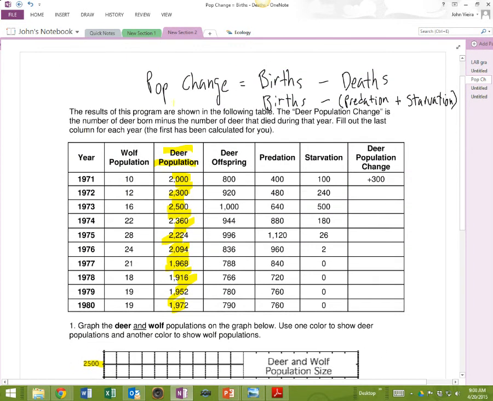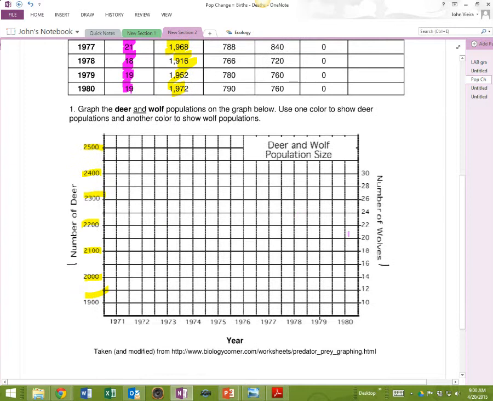When you guys graph the second line, you guys are going to be graphing the wolf population. You guys are going to be using this scale on the right.